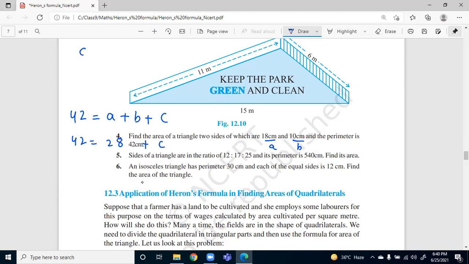So the value of C comes out to be 14 centimeter. That is absolutely correct. Now we have A, B, C, and I can calculate the value of S. S is the perimeter divided by 2, so it comes out to be 21. Now I have A, B, C and S. Just apply the formula and find out the area.